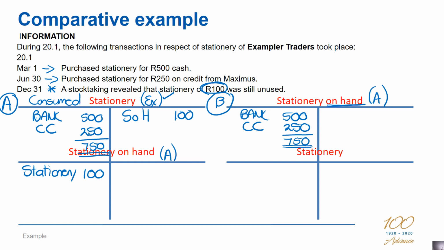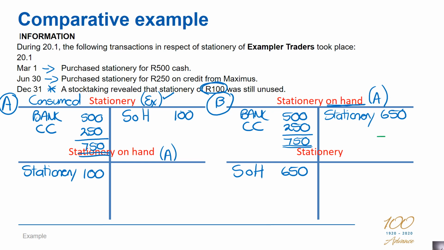I will have to deduct 650 Rand. And for every credit, I need a corresponding debit. So this I got from the stationery on hand account, and this I took to my stationery expense. So let's quickly prove that they will both result in the same thing.